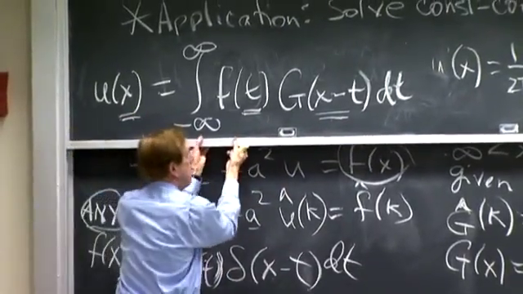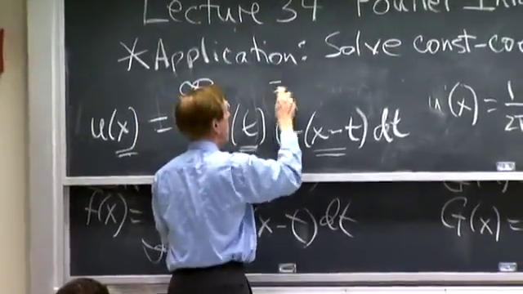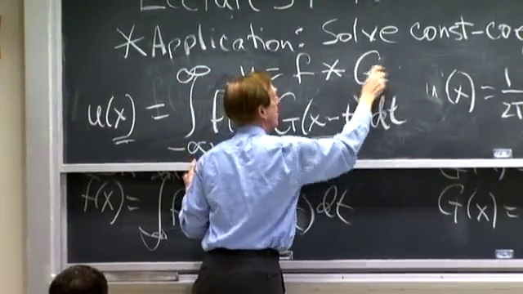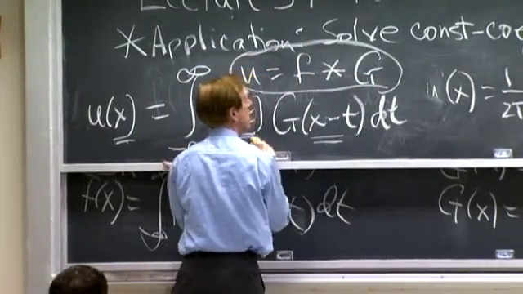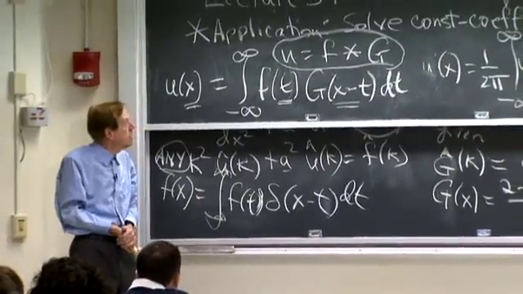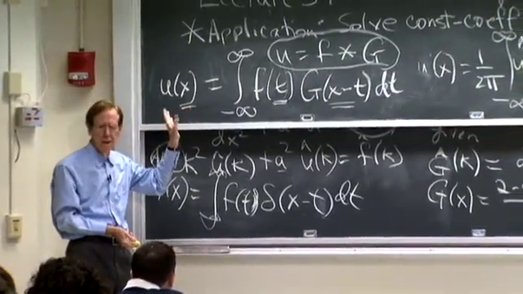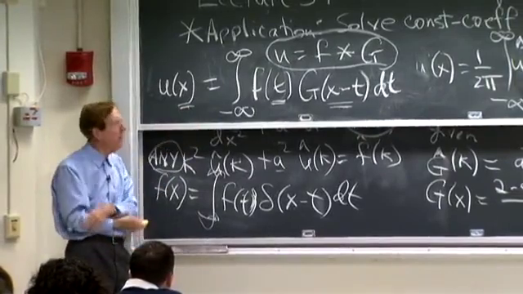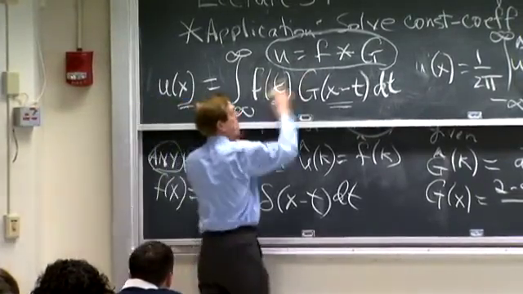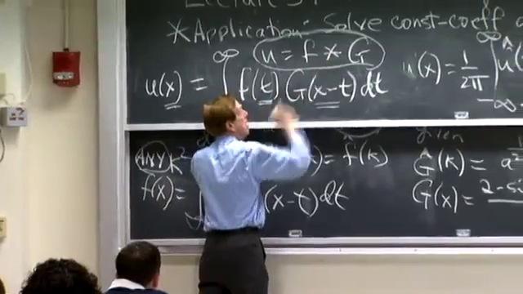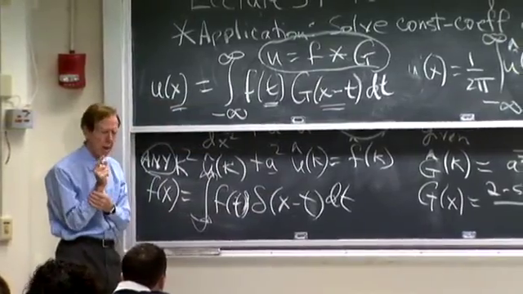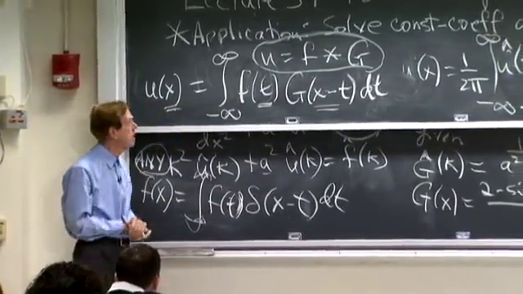This is just notation, but I'm going to write the answer in a nice way. After all that lecture, the answer to the differential equation is in 3 symbols, f star g, where this simply means this. This is the continuous convolution, not cyclic, and there's the answer.